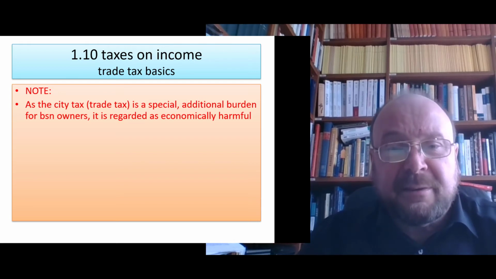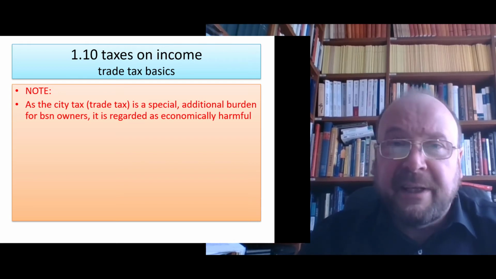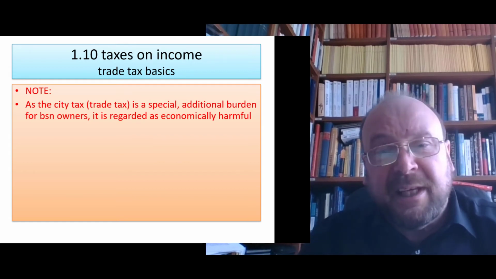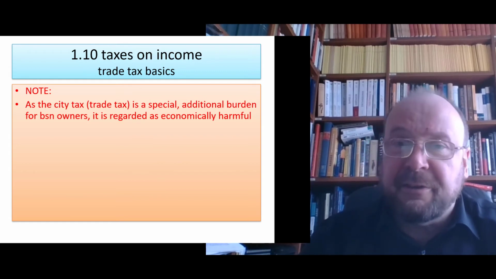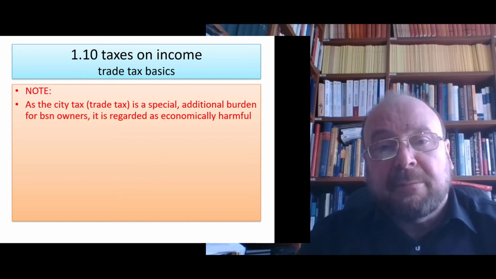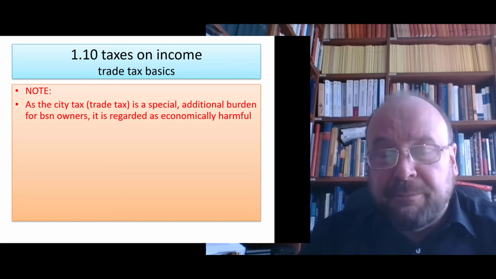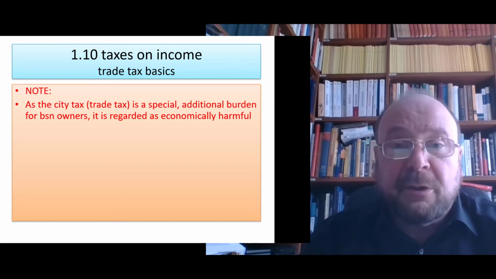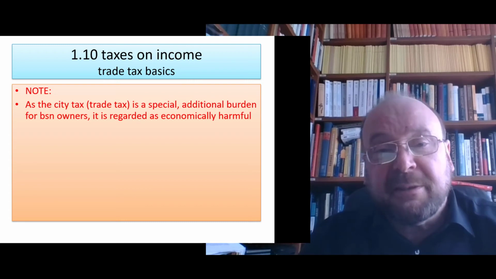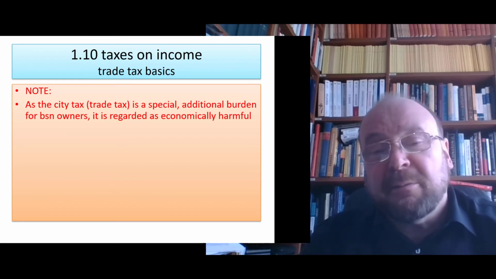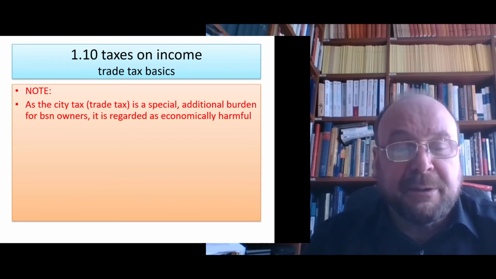If you invest in opening a business, you create new job opportunities, and now you are punished for doing that by having to pay an additional tax. Now that might motivate you just to say, okay, then I don't open a business. I make my money by placing my money in a bank account or acting only as a shareholder of an already existing firm, so I don't start a business because I don't want to have business income.